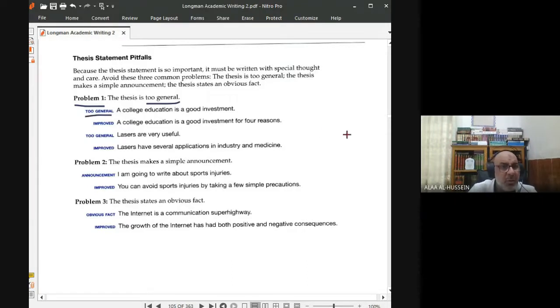I know it's too general, but this doesn't mean that it's not a good sentence.